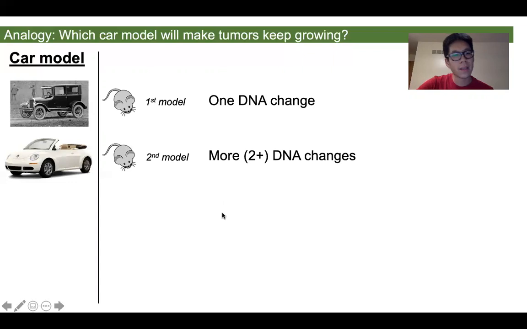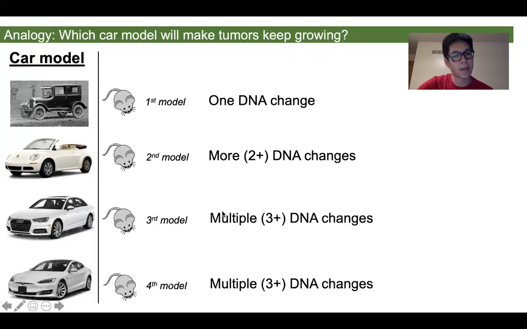Ultimately, I'm incorporating a lot of different DNA changes, as I said in the second slide, progressively upgrading our models to an Audi and ultimately to a Tesla. When you think of a Tesla, it has all the Wi-Fi capabilities, the touch screen, the autodrive, all the fancy things. I'm referring this back to upgraded models with multiple changes in the DNA that could perhaps allow a skin tumor to grow.